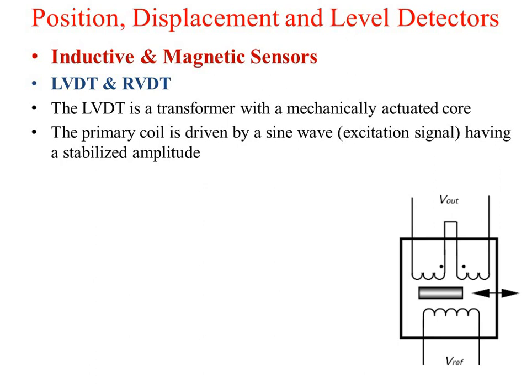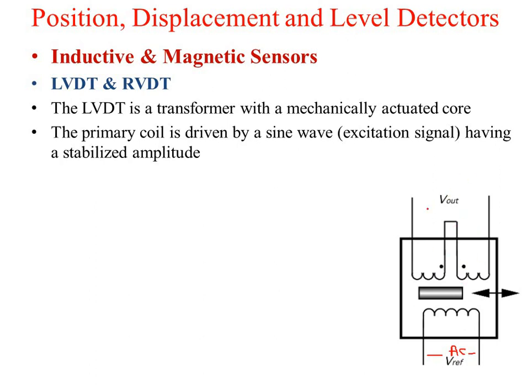Here you will be giving your AC input, and that AC input gets coupled with the secondary coil, and there are two secondary coils which are connected opposite to each other with opposite polarity. Here you can see the polarity is here, then the next polarity should be here, but the polarity is shown over here. So the coils are connected opposite to each other.